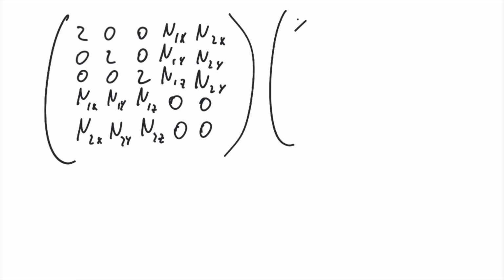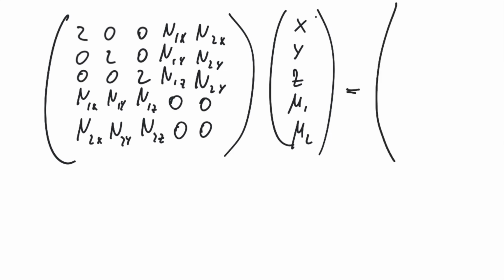The variables are x, y, z, mu1 and mu2. You can verify that if you multiply these two, you get the equations where on the right hand side I have to put 0, 0, 0, p1 dot n1 scalar product, p2 scalar product n2.